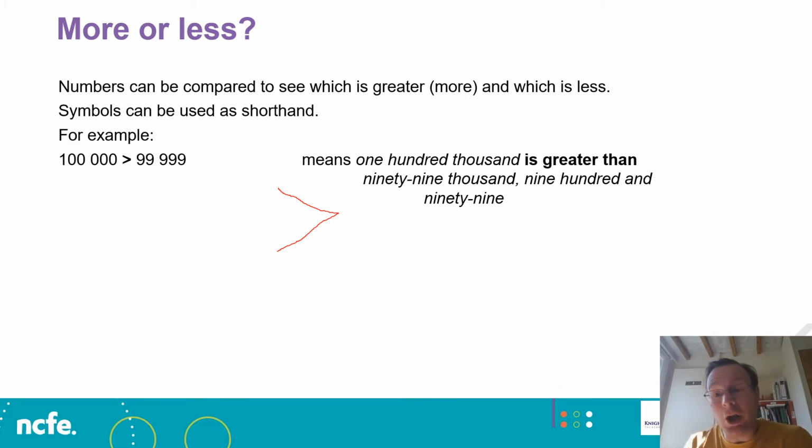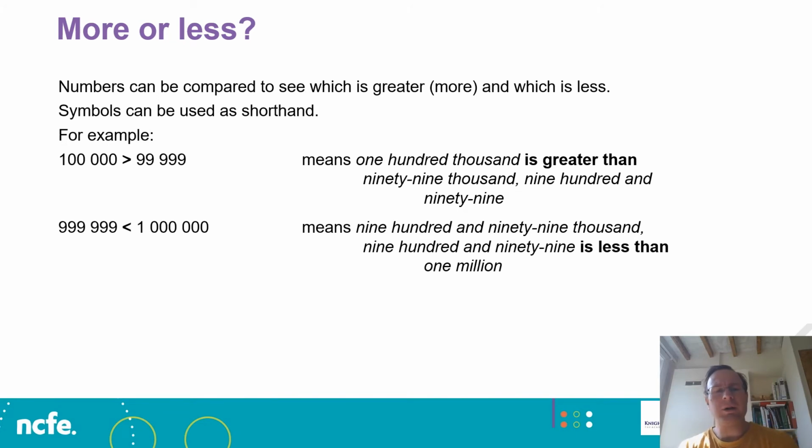And what you see is the larger number, the greater number, is on the side with the widest opening, if you like. So the largest number, 100,000, is on the side of that largest opening. We're comparing it to 99,999, which is on the side of the smallest part of that symbol. So that's a nice way of looking at it.